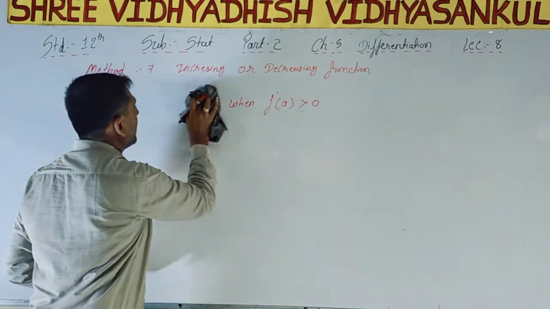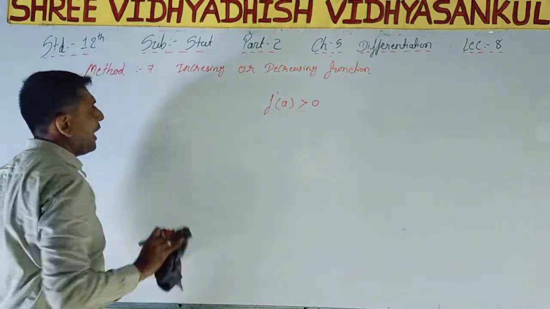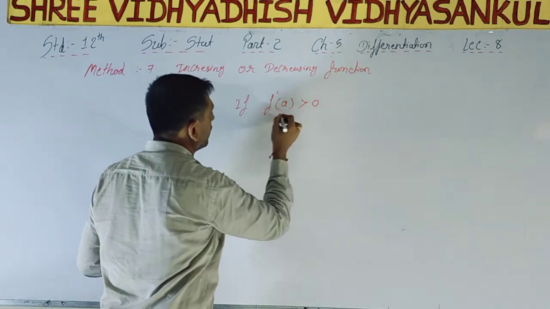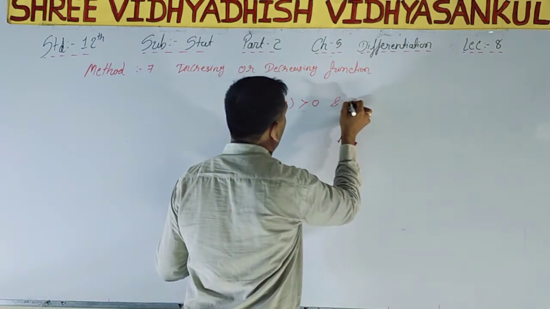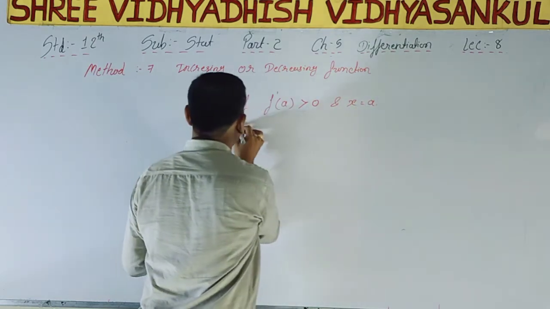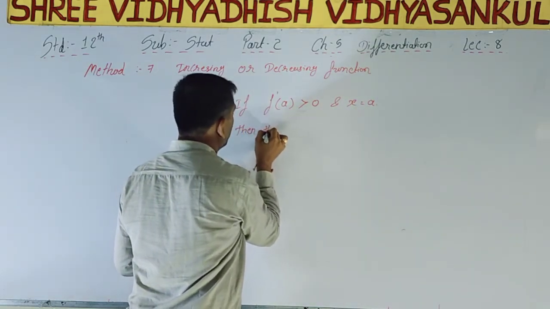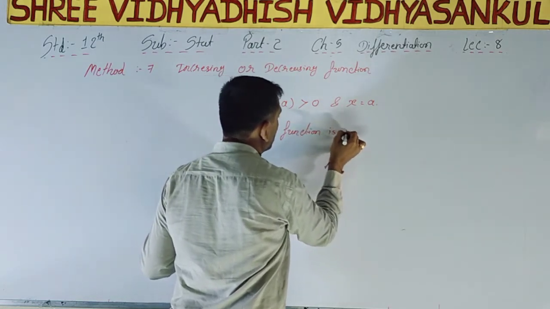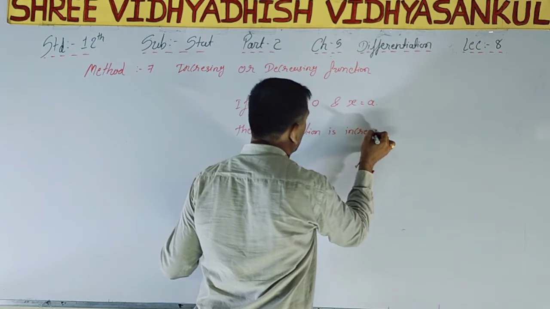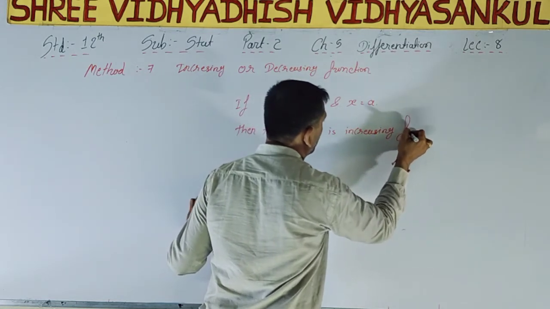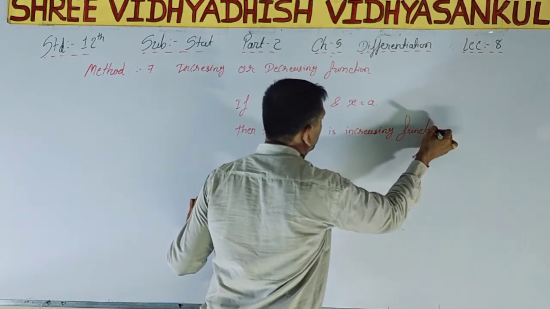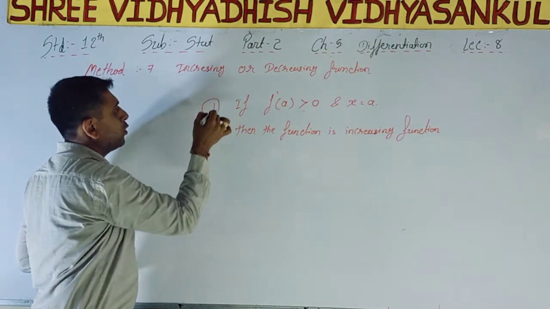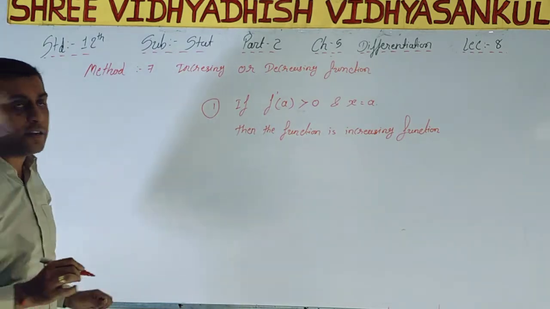Or you can directly write the rule: if f dash a is greater than 0 at x is equal to a, then the function is an increasing function. Right? This is the first rule of increasing and decreasing function.